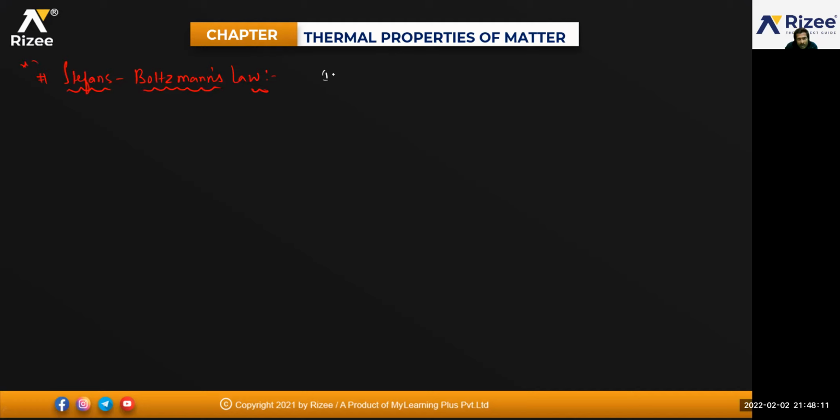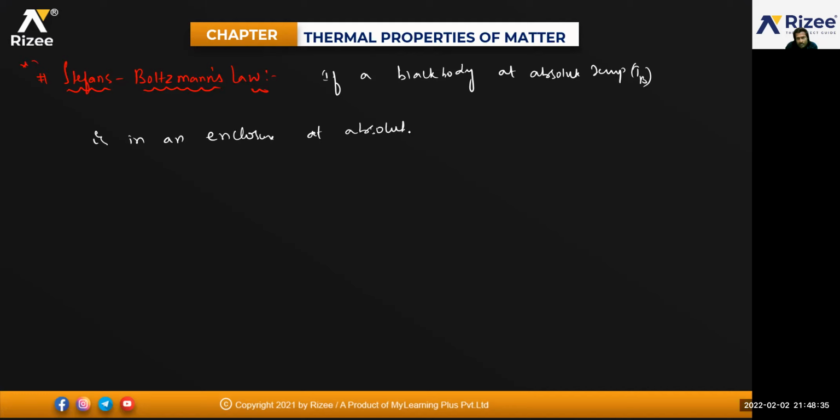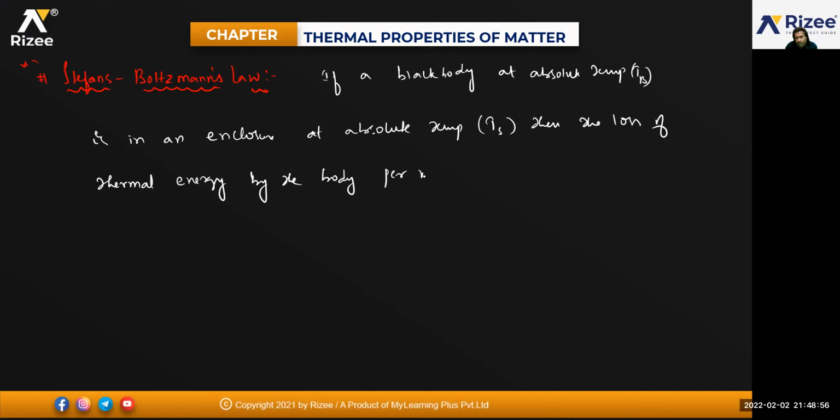Now see, if a black body at absolute temperature TB is in an enclosure at absolute temperature TS, then the loss of thermal energy by the body per unit time is given by Stefan-Boltzmann's law.